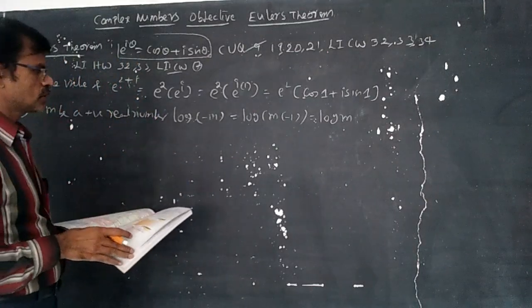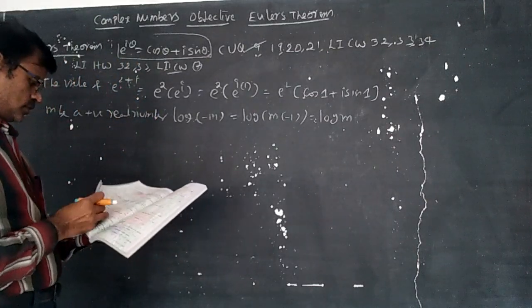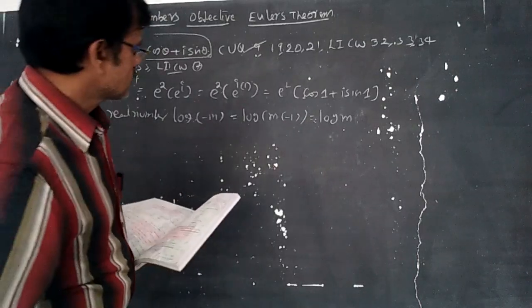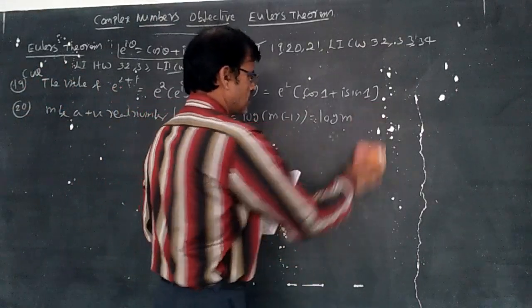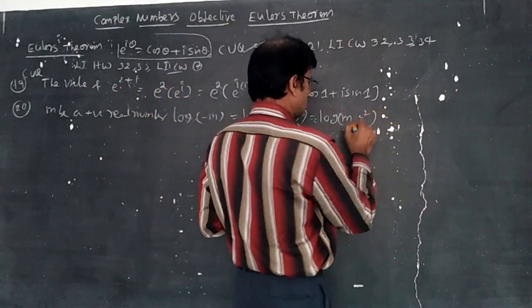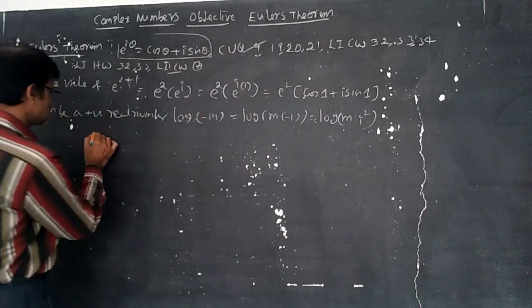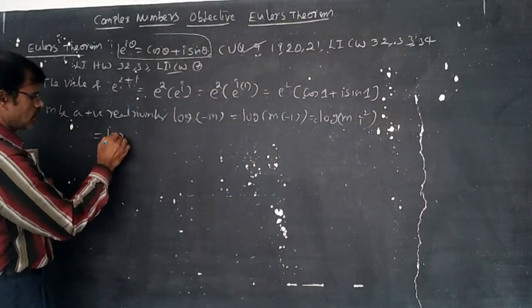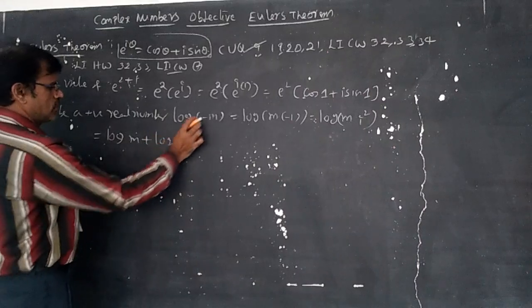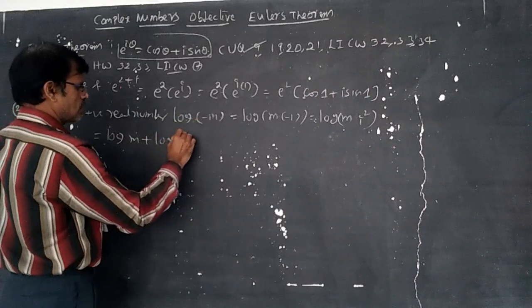According to the theorem, log i is equal to i pi by 2, like that I said. So better to take here log m into minus 1, which can be written as i square. So let us write here log m plus log i square.